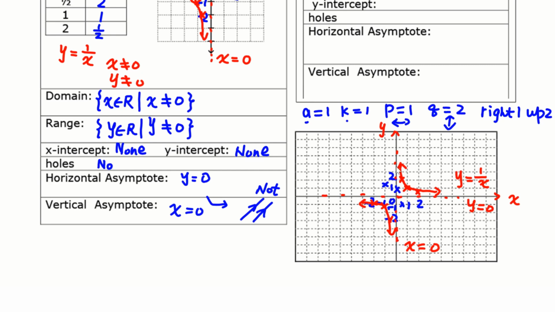So p equals 1, it means this asymptote goes to the right 1. So the new asymptote is x equals 1, and the horizontal asymptote goes up 2, so it's y equals 2. Then you will see the new points are 1, 2, 3, and I think this one is not perfect, it should be here.